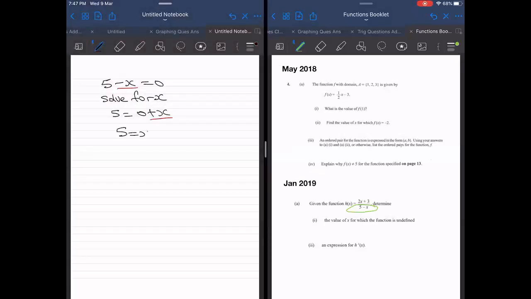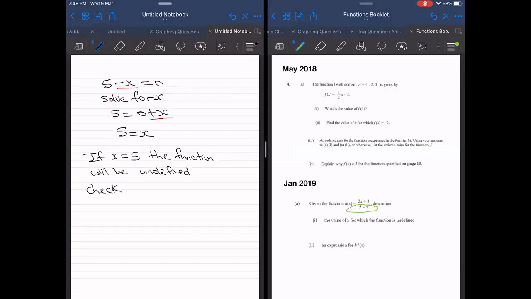And so x is just equal to 5. So if x equal to 5, the function will be undefined.